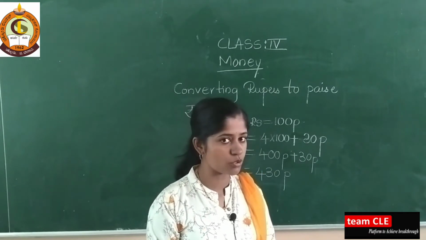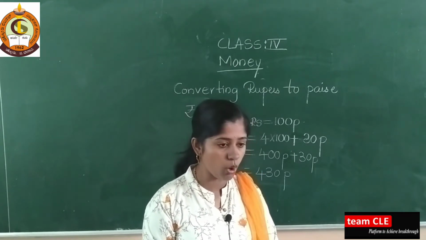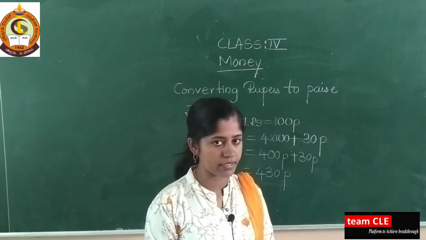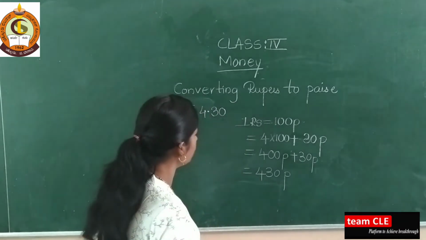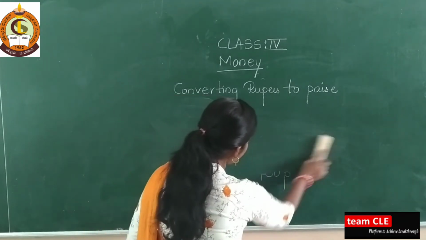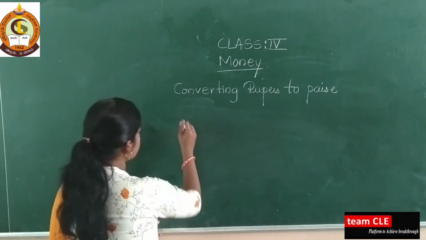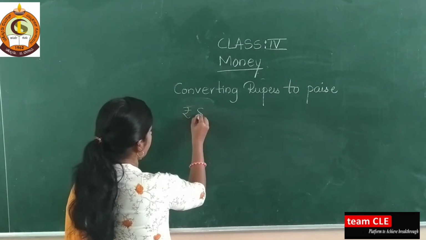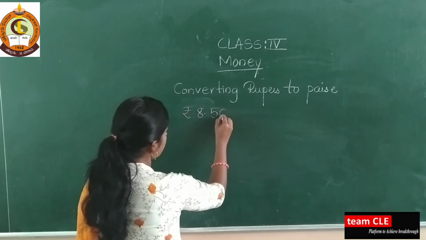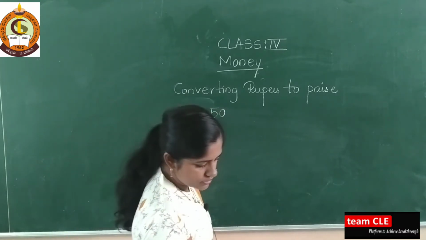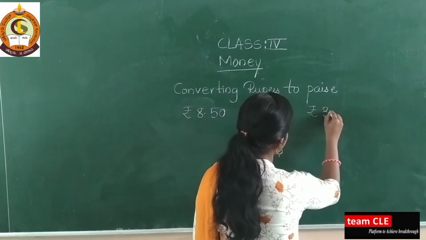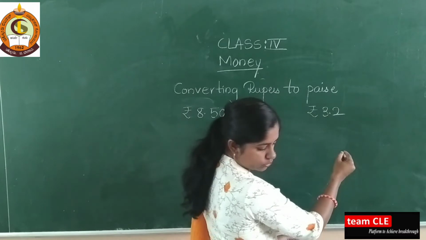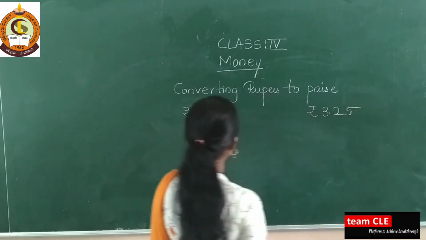Among them I will solve 2 and the remaining you do as homework and send it to my personal WhatsApp number. So I will take 2 examples. I will take A1, 8 rupees 50 paise, and one more, 3 rupees 25 paise.